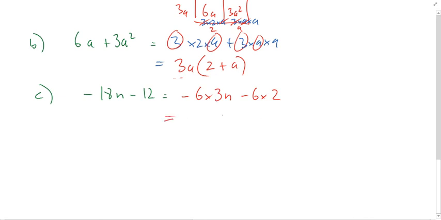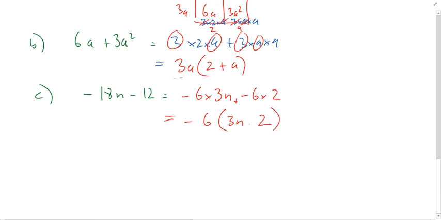So the thing which is common is the minus 6. Now these things are actually added. This is a tricky one. So minus 6 comes out, and then what do I times minus 6 by to get minus 18? Well, it's this 3n. And now what do I times minus 6 by to get minus 12? It's going to be 2.